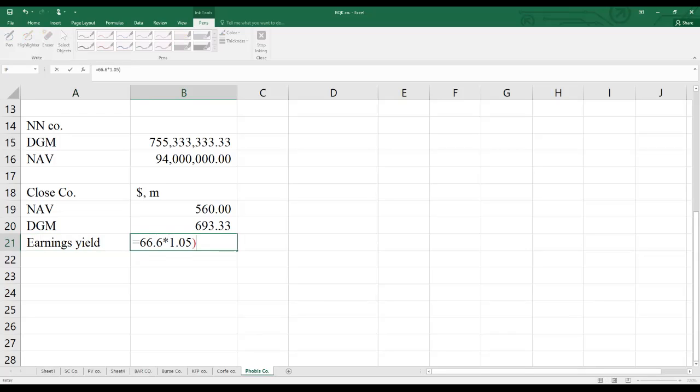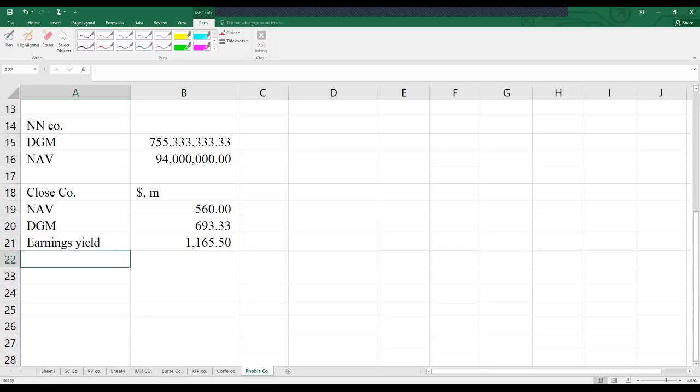That's the numerator. We divide by the earnings yield, which is 11%, 0.11, minus the growth in earnings, 5%, 0.05. That should be the company value using the earnings yield method.